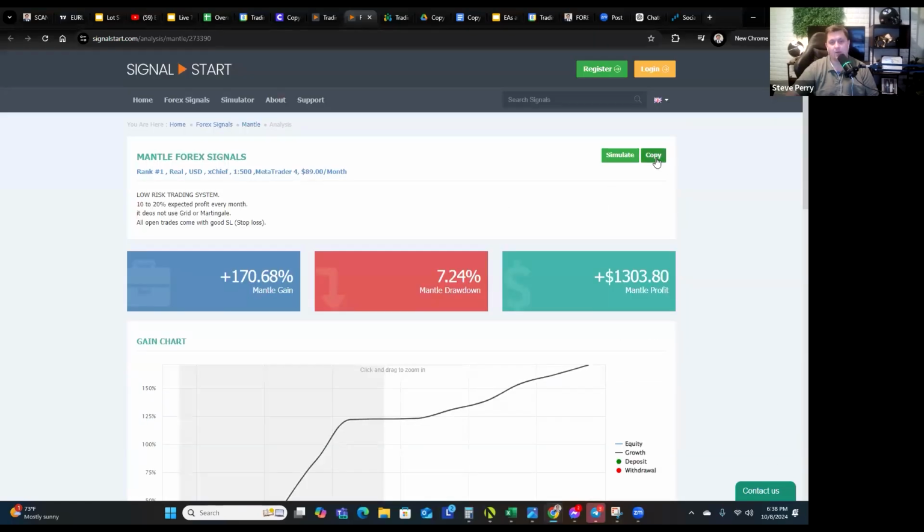And then you could click copy and it would ask you to connect your MT4 or MT5 account. By the way, you can only copy trade MT5 and MT4 accounts. You can't copy trade in a DX trade platform unless, here's a workaround.